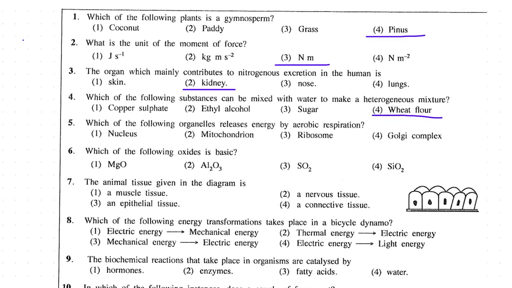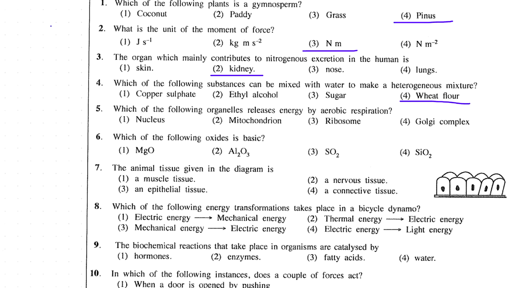What are the functions of Golgi? There are certain substances that are secreted from cells, right? Golgi produces those substances, packages them, and secretes them. So Golgi is responsible for production, packaging, and then secretion of secretory substances. Our question is, which of the following organelles release energy by aerobic respiration? So it's mitochondria.